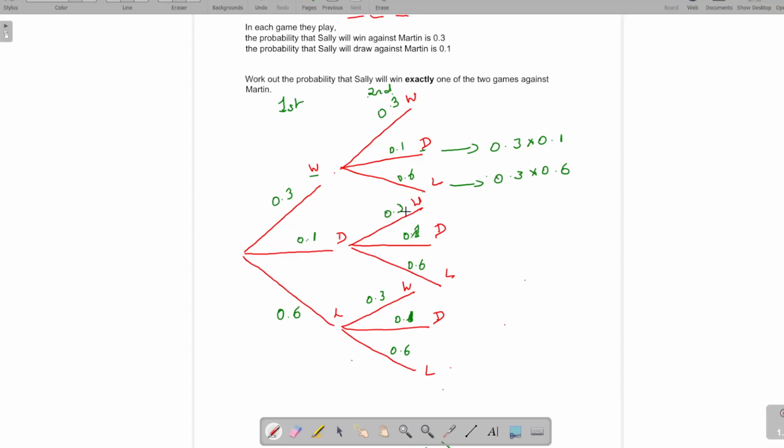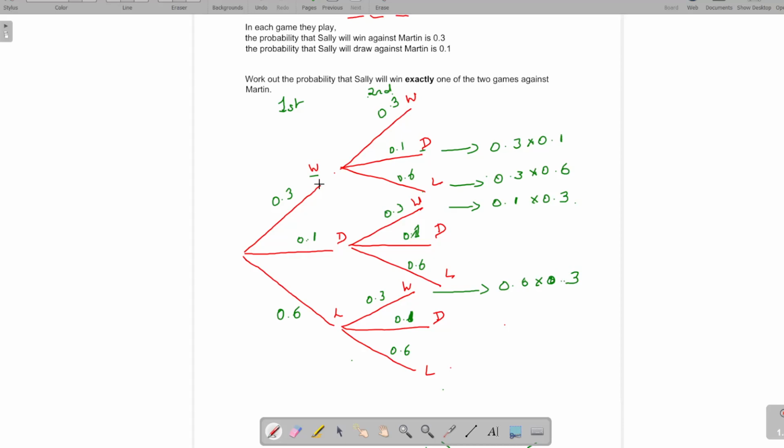Draw and win. Now that is Martin winning. So that's the second game. So that will be, yes, that is correct. So it's 0.1 times 0.3. That's Sally winning still. And she could lose on the first game, win on the second game. That is this branch here. 0.6 times 0.3.